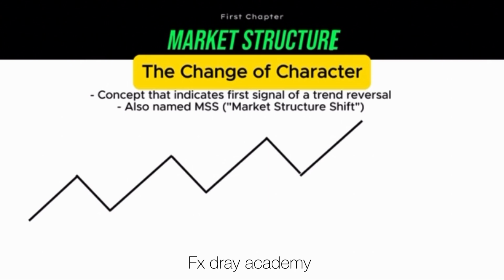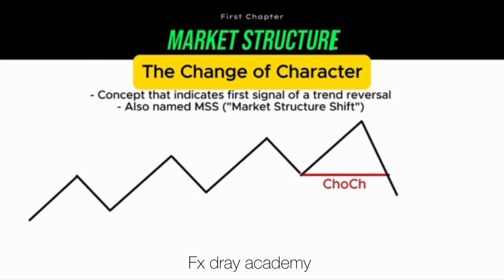After breaking the recent low, we will be having a shift in market structure, but actually not fully a shift, because this might just act as a liquidity sweep and just continue pushing to the upside.